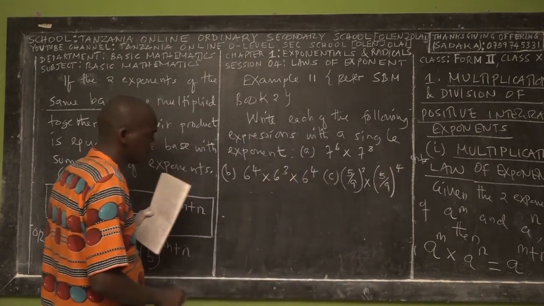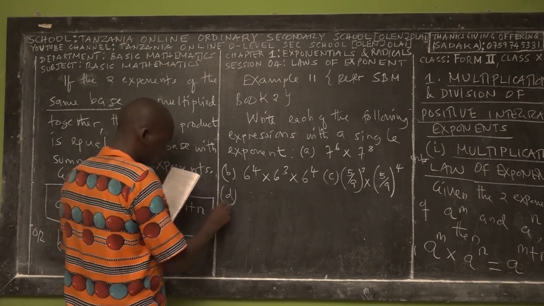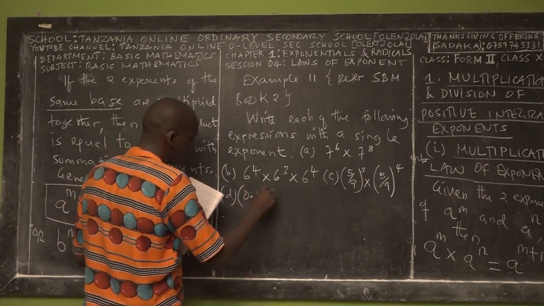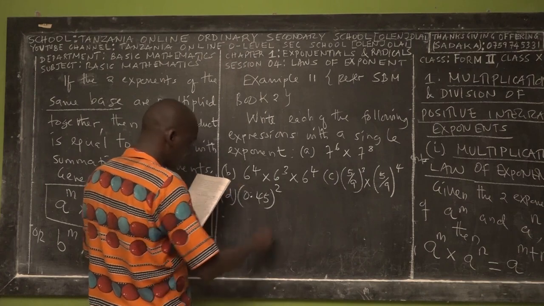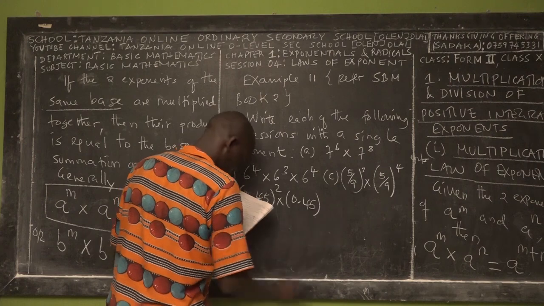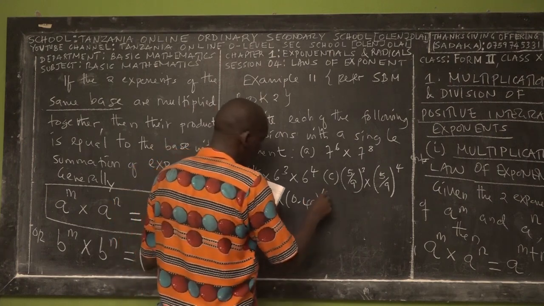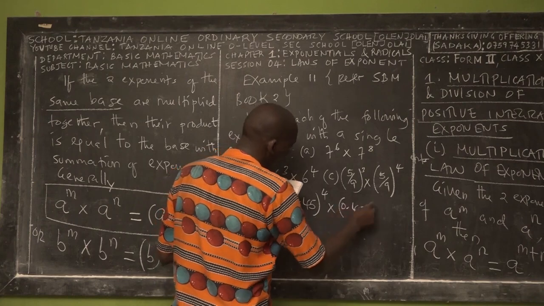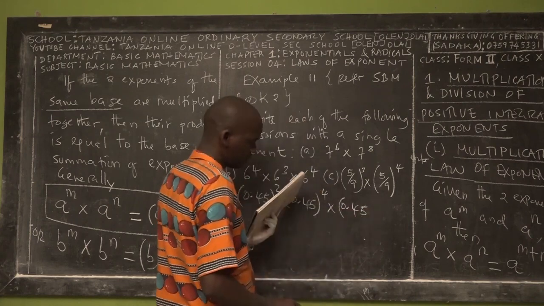And you have D. D, you have 0.45 power 2 times 0.45 power 4 times 0.45 power 12.